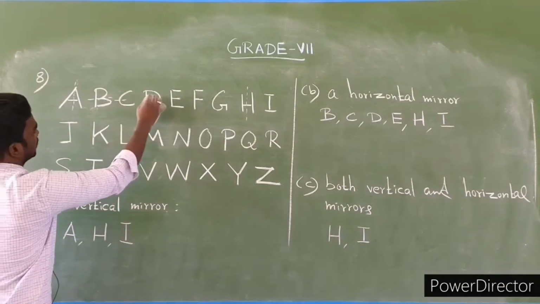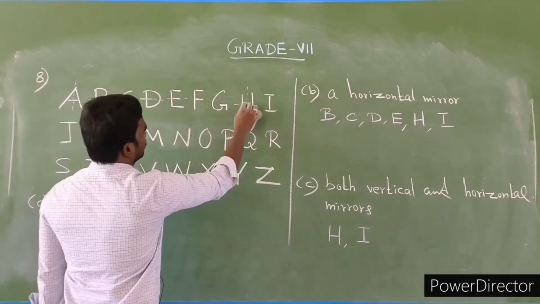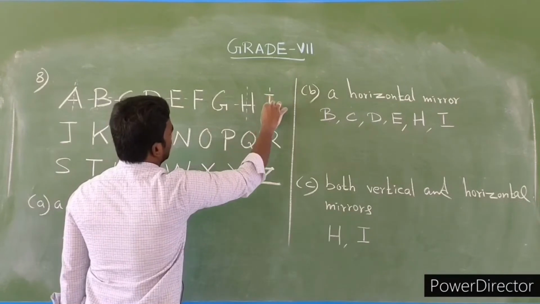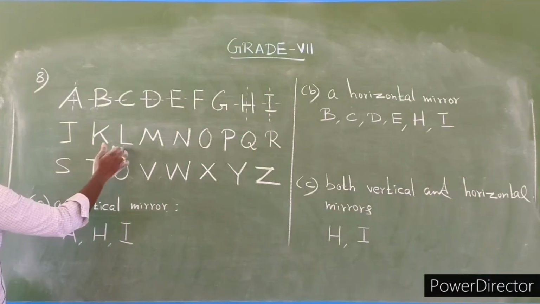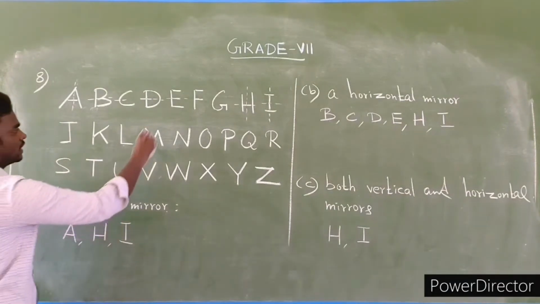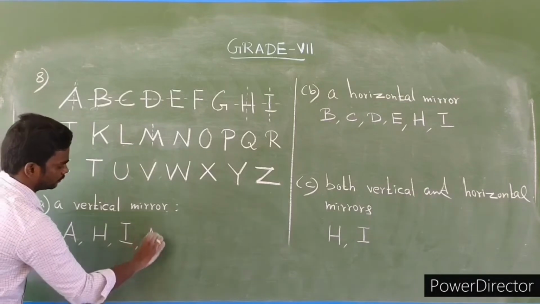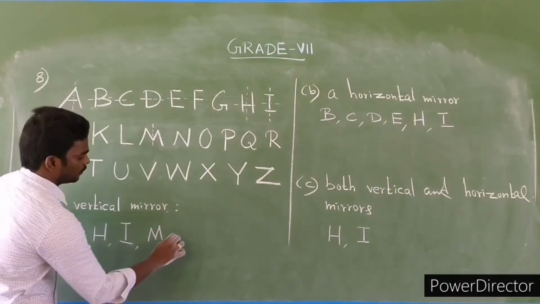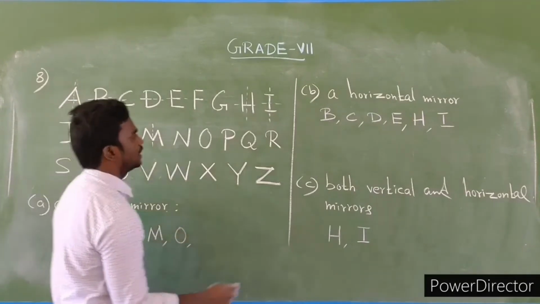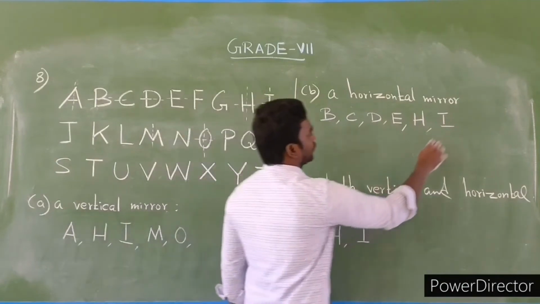C is a horizontal mirror. D is a horizontal mirror. E is a horizontal mirror. H is both vertical and horizontal. The letter I is also both vertical and horizontal. Next, J, K, L are not vertical or horizontal mirrors. M is a vertical mirror. N has no vertical or horizontal mirror. The letter O is both vertical and horizontal mirror.